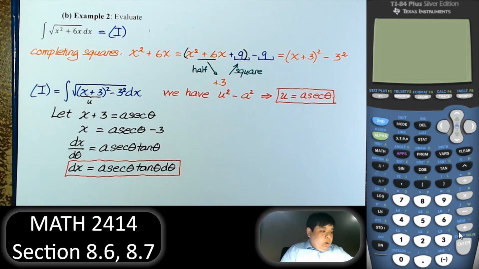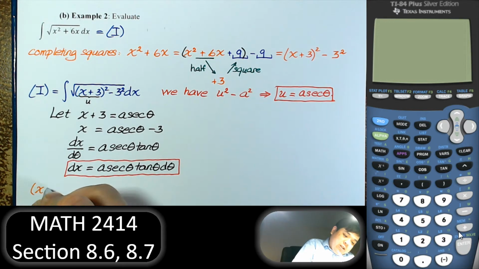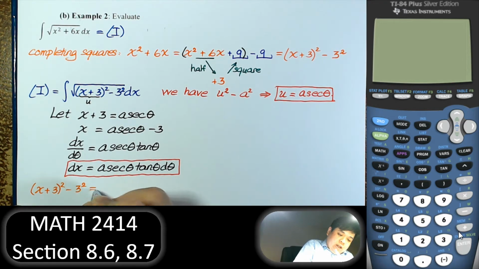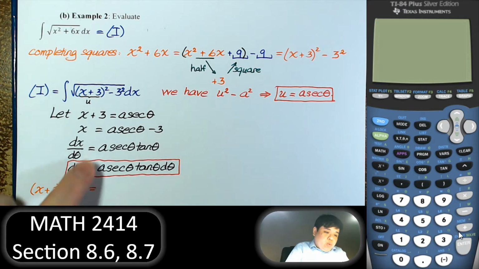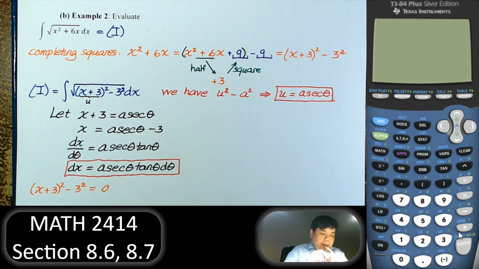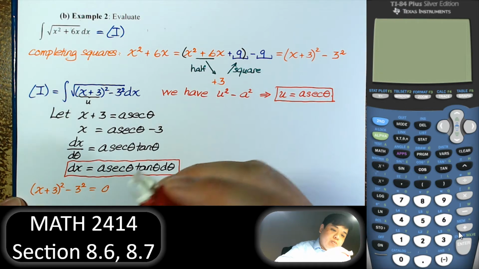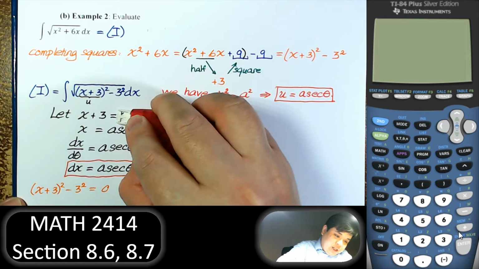Now, what do we have inside the square root? We have x plus 3 squared minus 3 squared. Sorry, in this case, a is going to be 3. So we should put that 3.